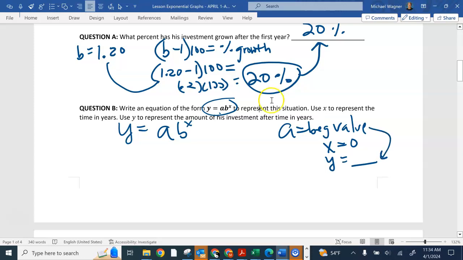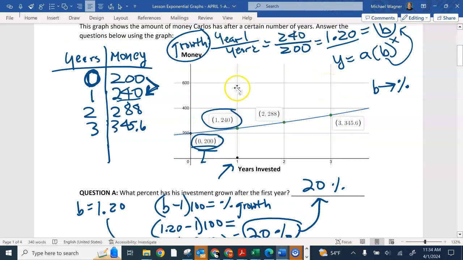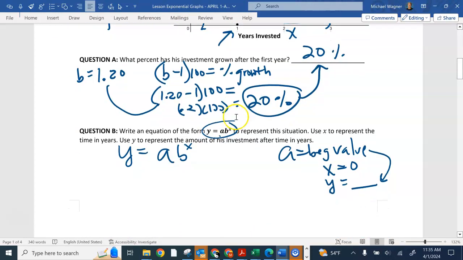What is that? Well, if you go over here, when x is 0, right here, y, or the money. So the money is like the y, right? And the years invested is like the x going this way, y is going like that. So the x is 0, so the beginning value is 200. So that would be 200.